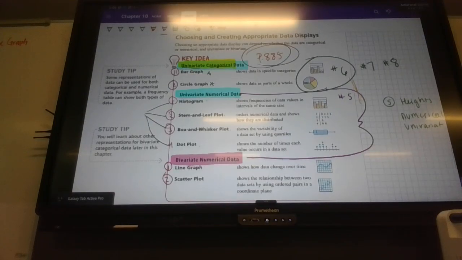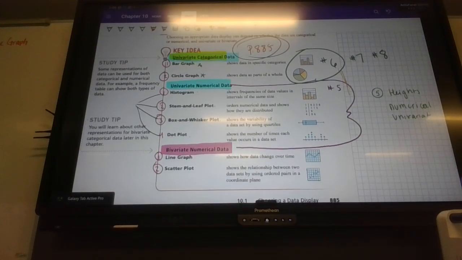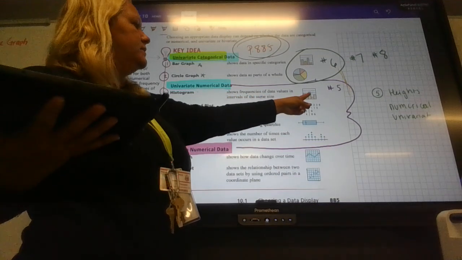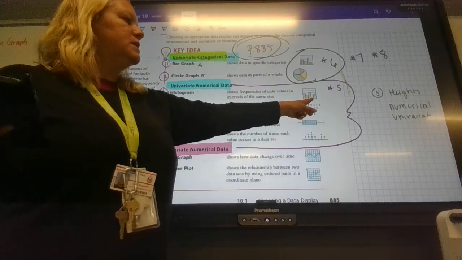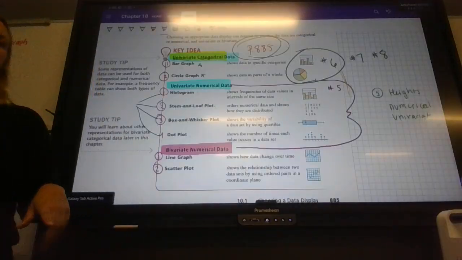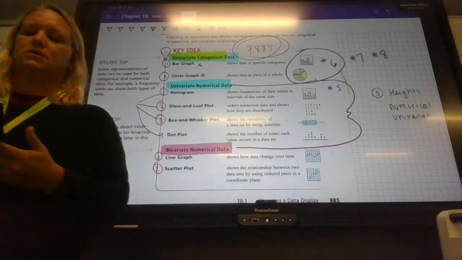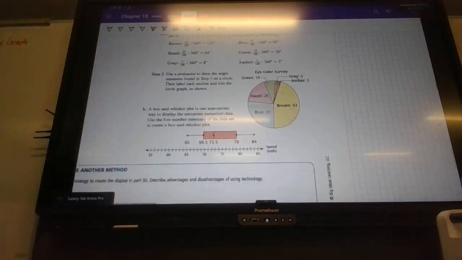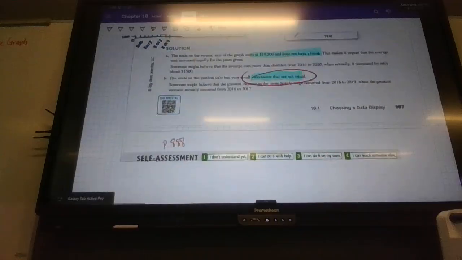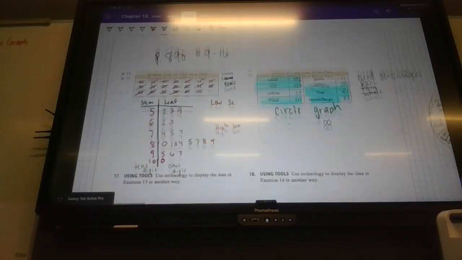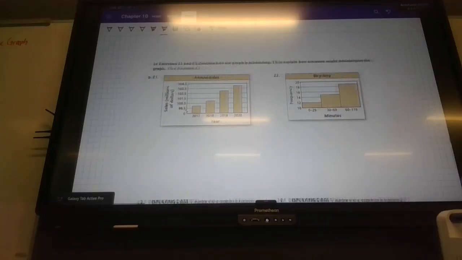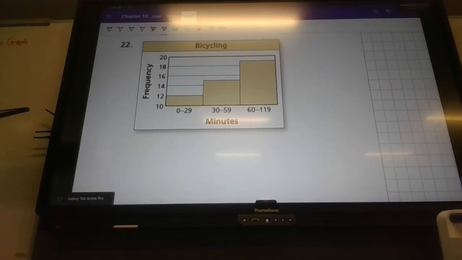Right here on page 885, it shows them all. This is a histogram. It shows frequency of data values. The intervals are supposed to be the same size. So this is our first one we're making, a histogram. That's a bar graph. They do show a histogram on number 22 about bicycling.